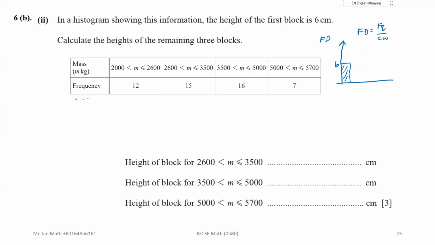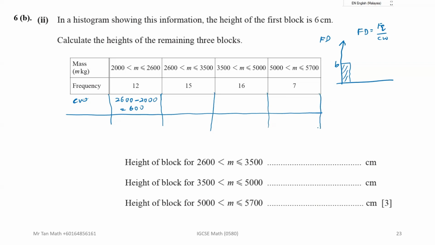So class width, you take the higher, you minus that, equal to 600. So just calculate for the table, easier for you to do. So frequency density is equal to 12 over 600.